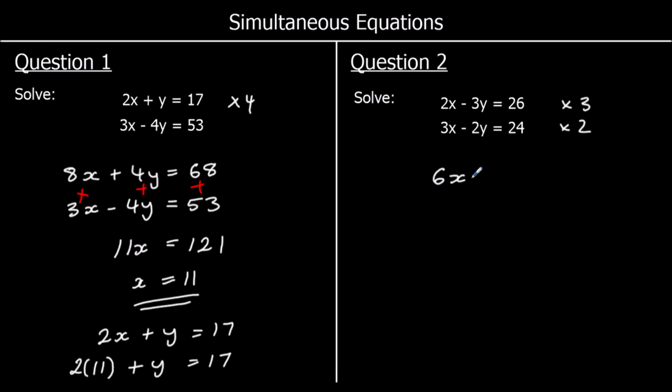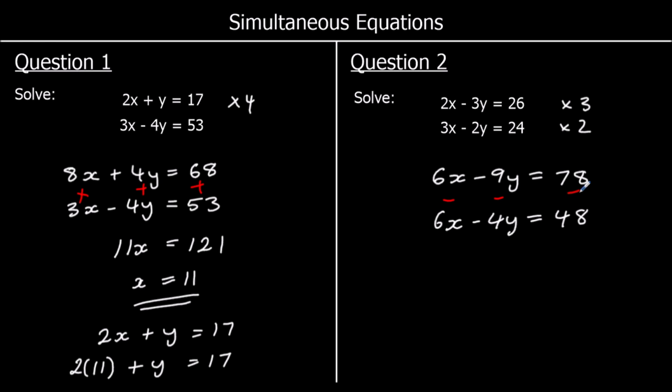So 6x minus 9y equals, so 25 times 3 is 75, plus 3 more, so 78. And multiply the whole bottom by 2. So 6x minus 4y is 48. So the x's are the same. To get rid of them, I can take away.